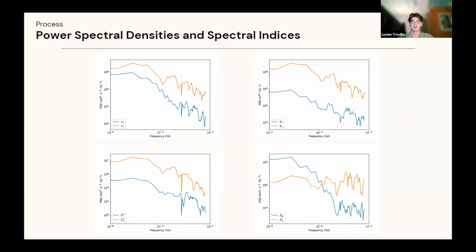Something I want to highlight that is a bit odd: on the bottom right, we notice that the tail of the perpendicular component is less than the parallel component. As you'll see through the rest of this presentation, this is pretty odd. We seem to expect the perpendicular component to always be greater, so we're not too sure about that.